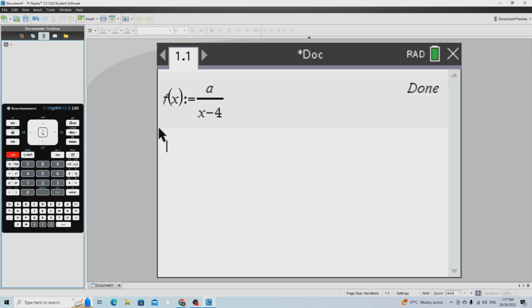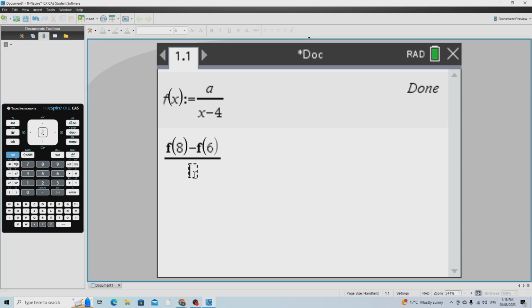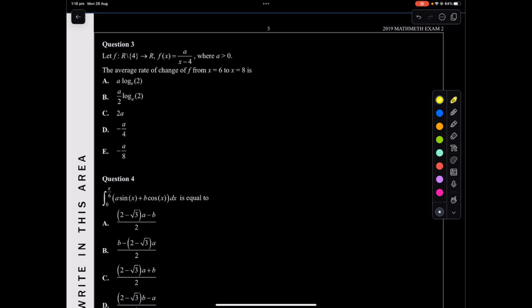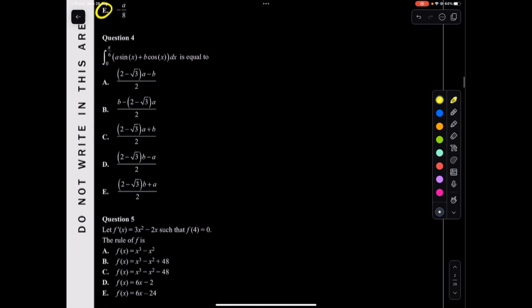And the average rate of change is f of 8 minus f of 6, over 8 minus 6, which is 2. Enter. This is your average rate of change, -a over 8. So E is your answer.